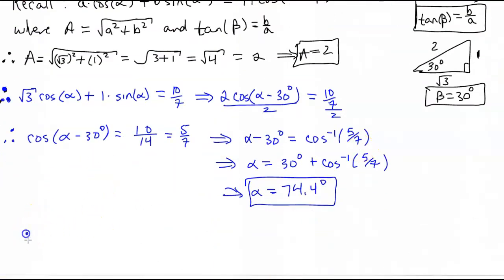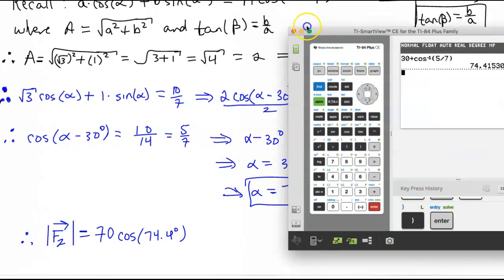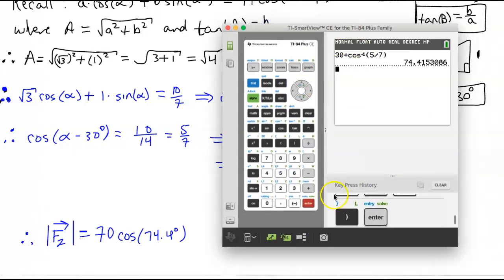So here, therefore, we know that the magnitude of force F2 is just going to be 70 times cosine of this 74.4 degrees here. So what I'll do is just use the actual angle, and I'll say now let's do 70 cosine of what our actual answer was up there, and that's just to keep the accuracy of the answer here. And we see that is going to be roughly 18.8.